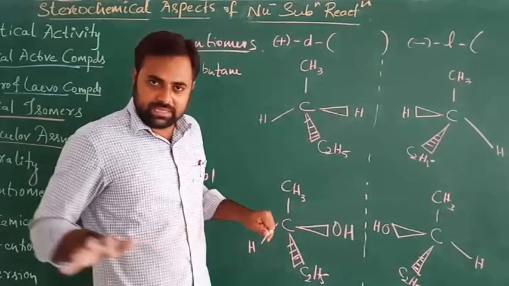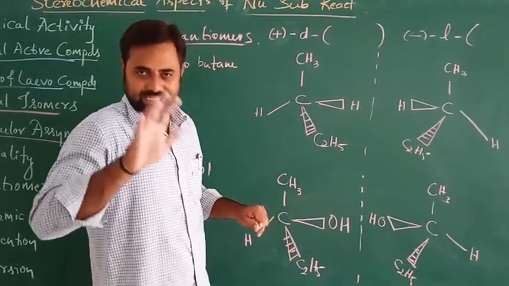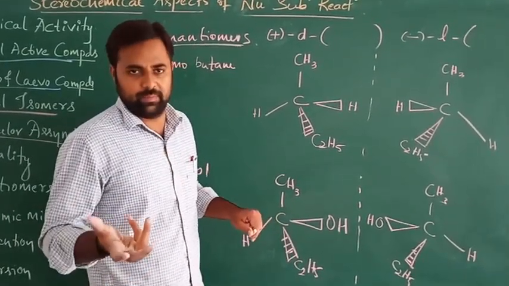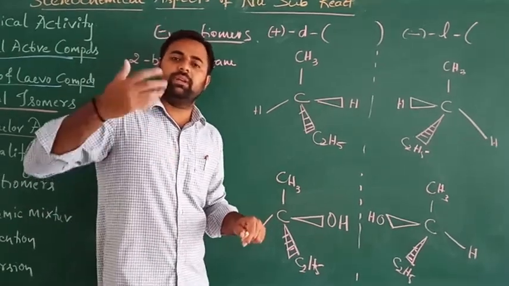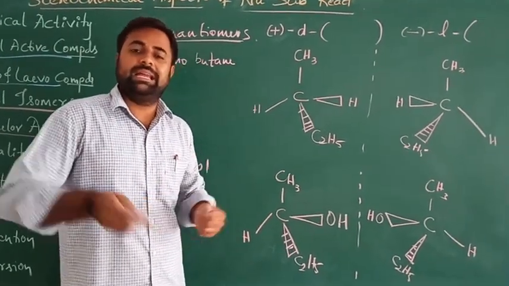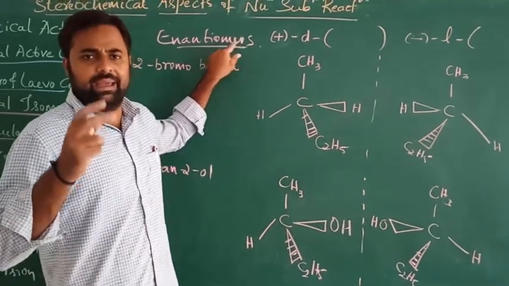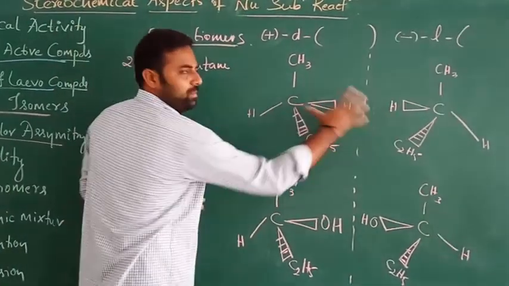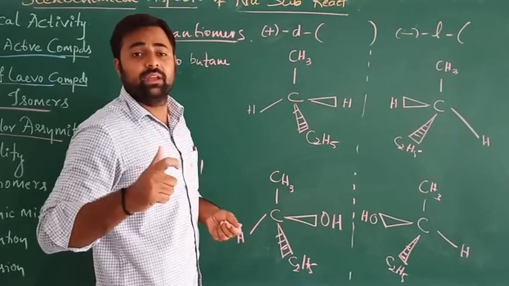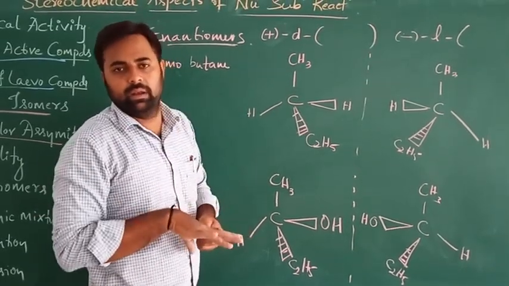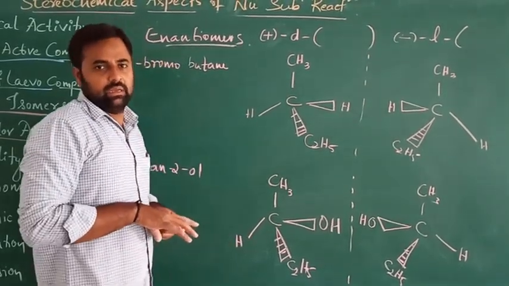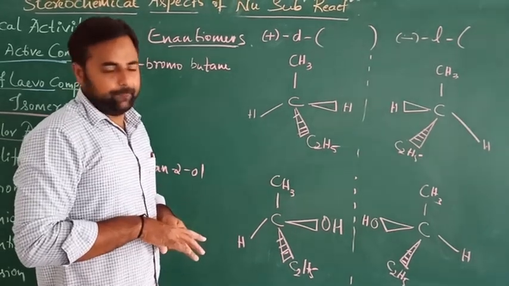When they do not coincide, it is said to be non-superimposable mirror images. Those compounds having non-superimposable mirror images are enantiomers. Simple definition: enantiomers are a pair of molecules having non-superimposable mirror images of each other.